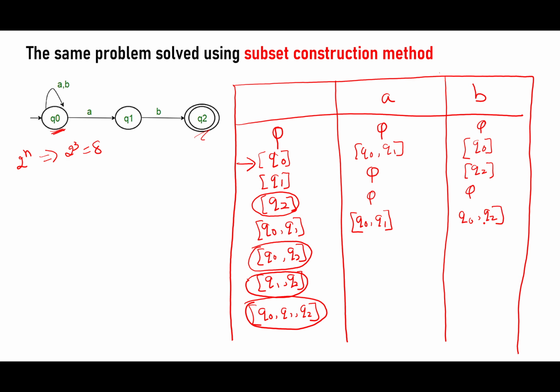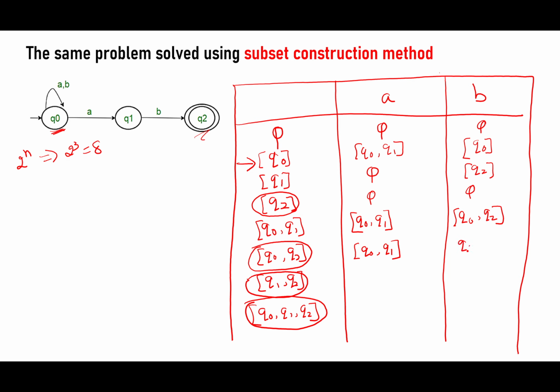Then we check q0 q2. Q0 comma a is q0 q1, and q2 comma a has no transition, so it is only q0 q1. Then q0 comma b.